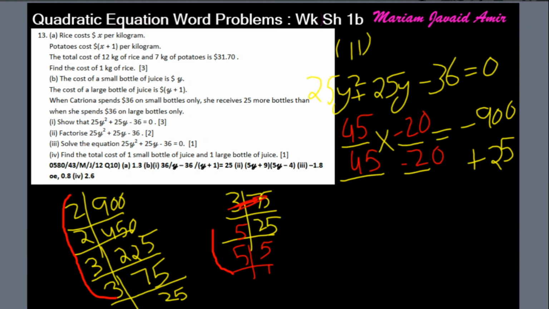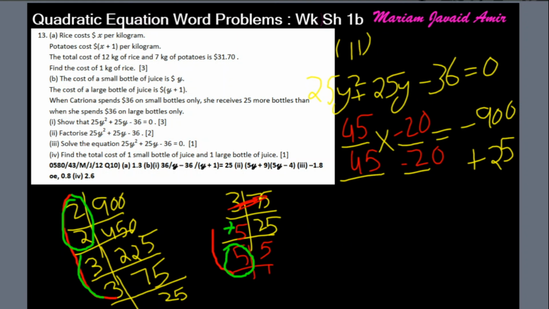We can also find that out using combinations over here. Use 4 and 5 separately, which gives us 20, and then use 5 times 9, which will give us 45. So from here also we can derive this combination 45 and minus 20.